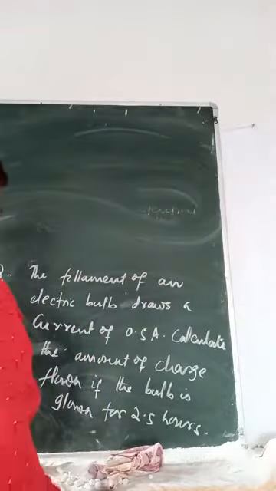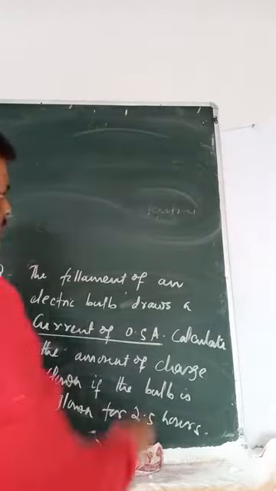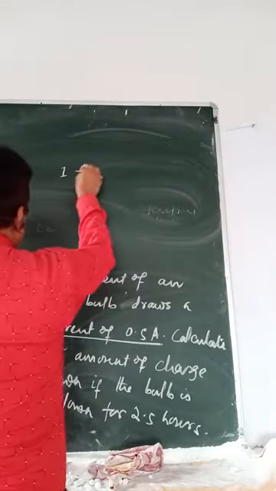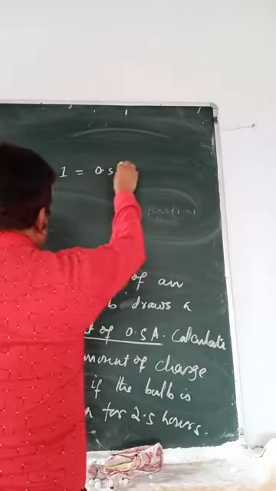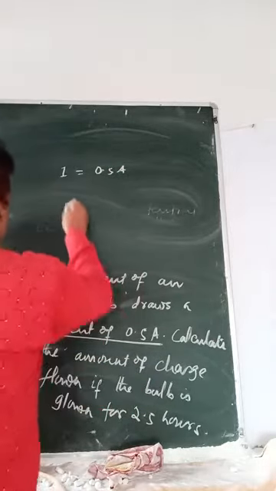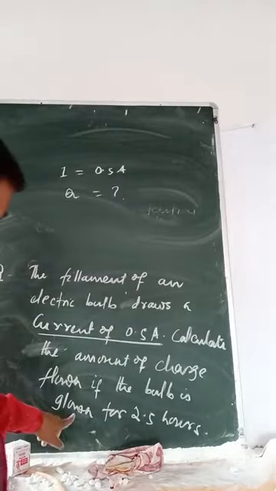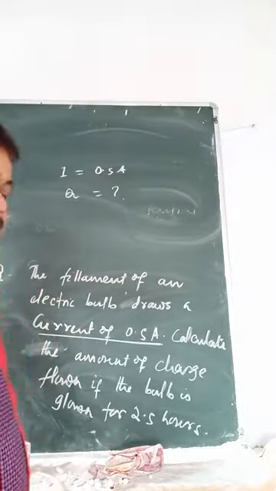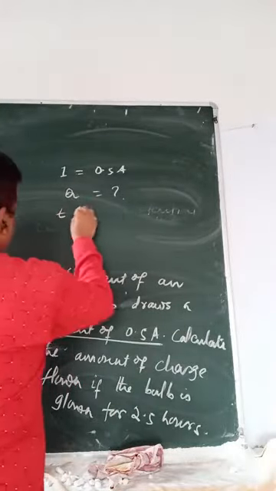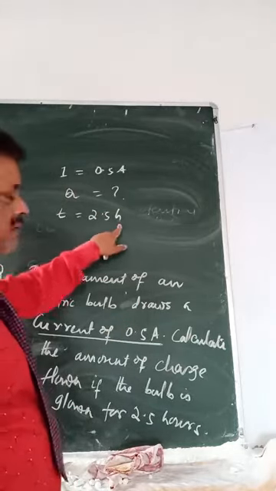Look here. Draws a current of 0.5 ampere. That means I equals 0.5 ampere. Calculate the amount of charge. Charge, meaning Q, is not given. Then it glows for 2.5 hours. That means time equals 2.5 hours. But time has to be in seconds.